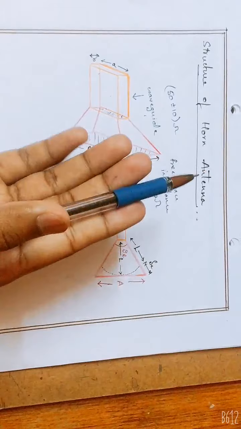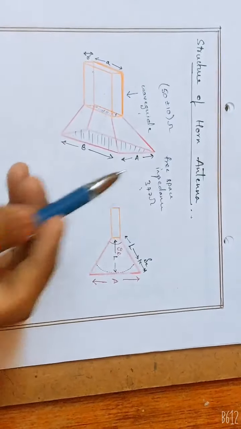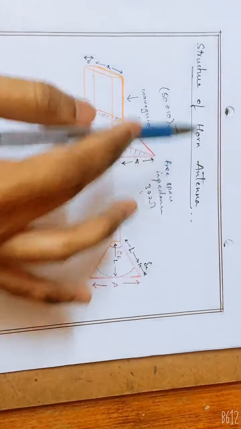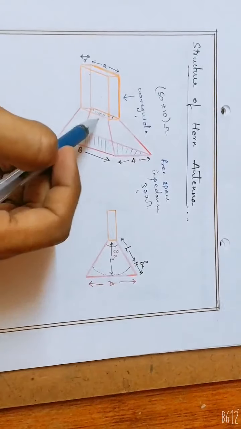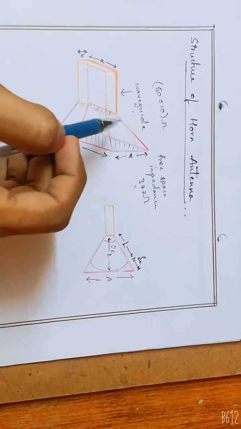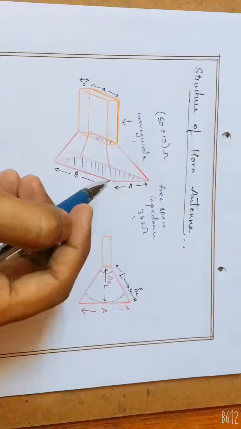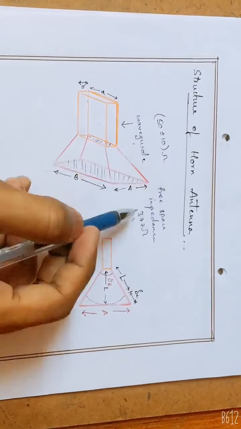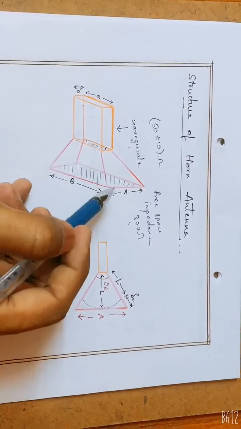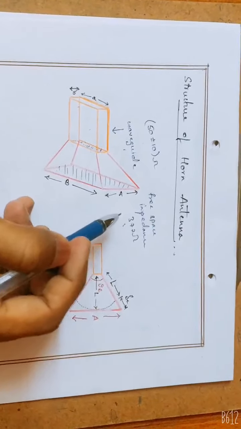So this covers the previous two points: it increases the directivity and improves the impedance matching. The waveguide with flaring is known as a horn antenna, as it provides impedance matching by flaring and increases the directivity.